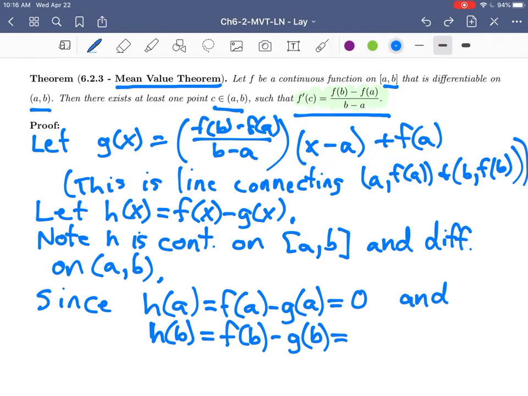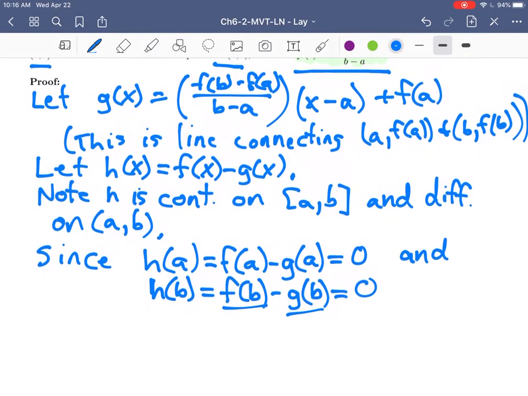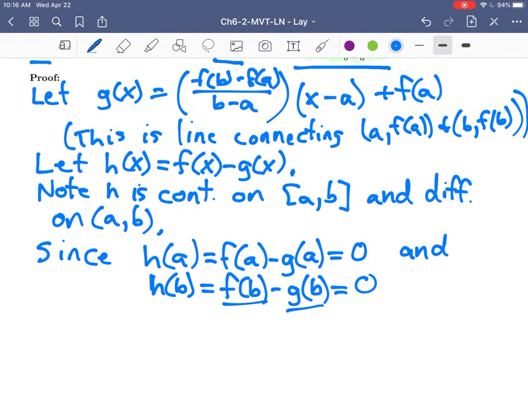So here we get f of b minus g of b, but g of b is also f of b, so we get 0 there as well. So h of a is equal to h of b. And this is going to allow us to apply Rolle's theorem.